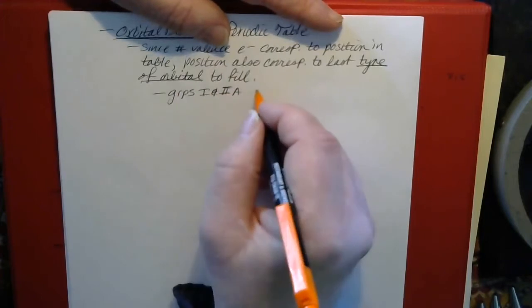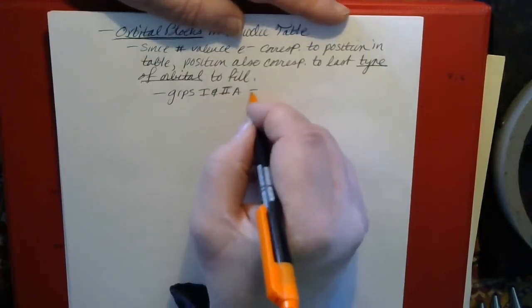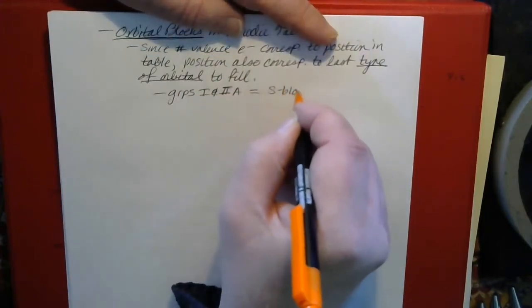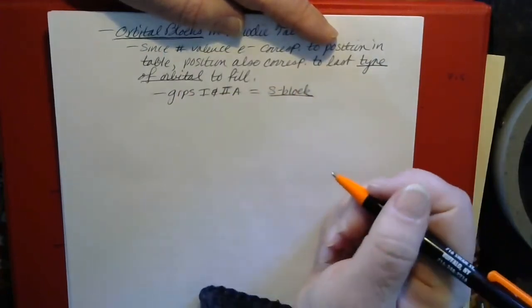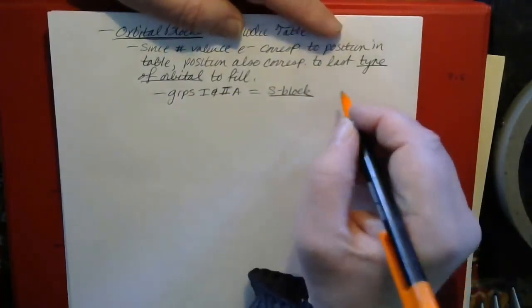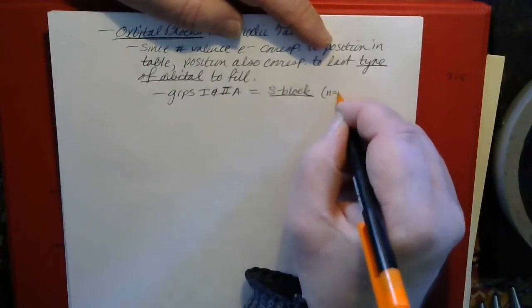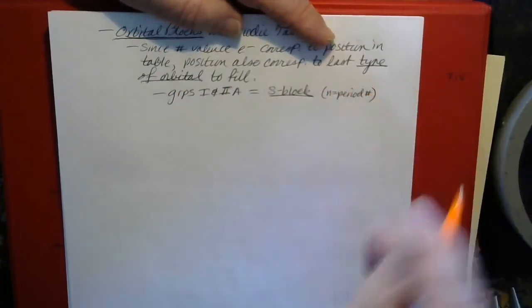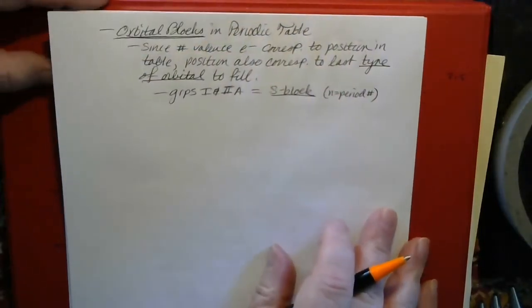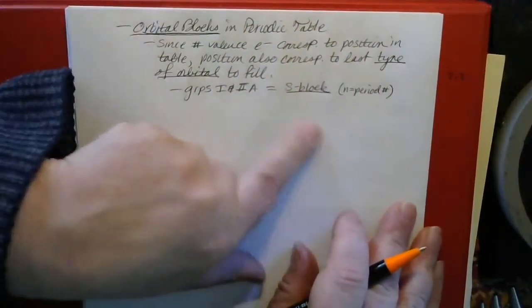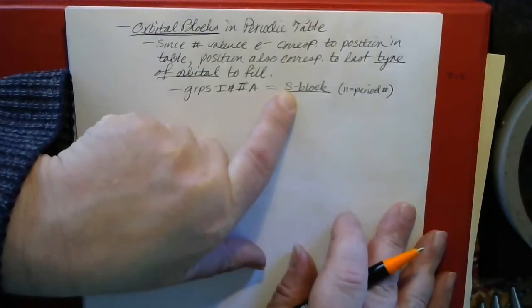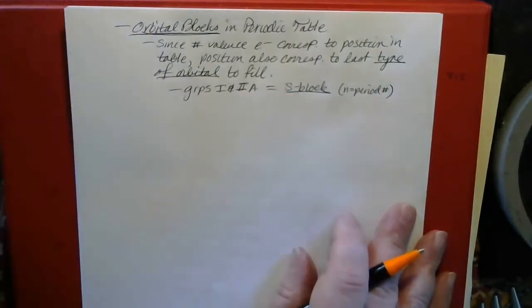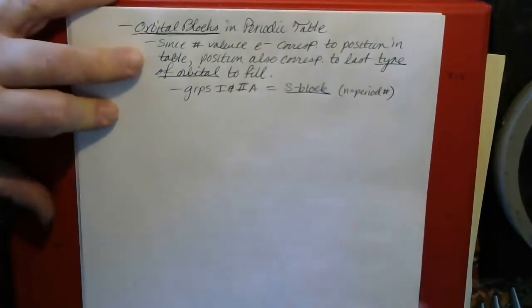So groups 1 and 2 of the A groups, those would be known as the S block, with N being the same as the period number. That is, the number that goes with the S-type orbital would be the same as the period number.